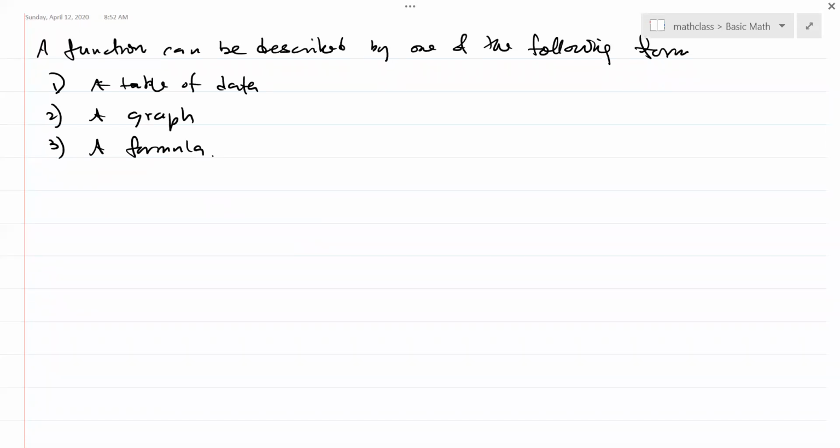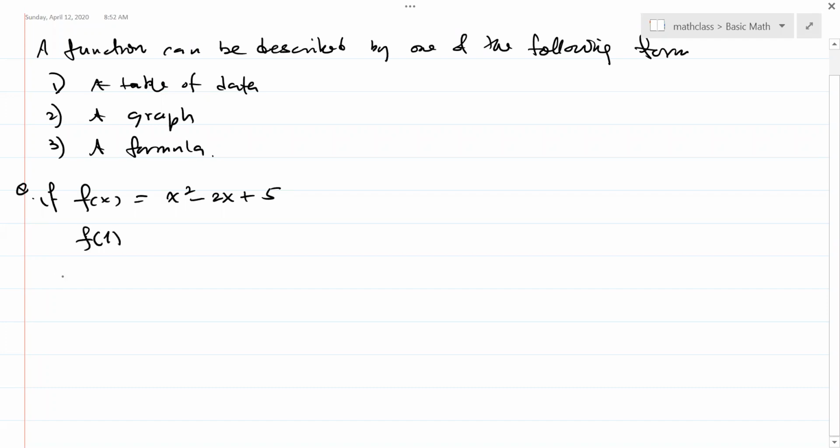When we say a function, for example, the formula is like f of x. If a function is described by this formula, for example, x squared minus 2x plus 5, this is called a function. If this is a function, then you can calculate the value.